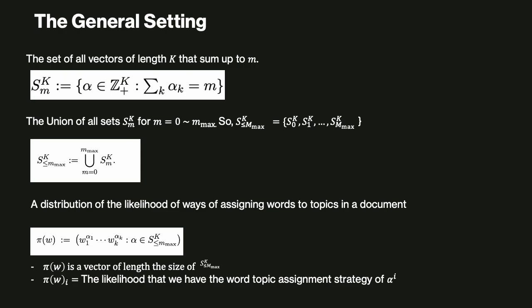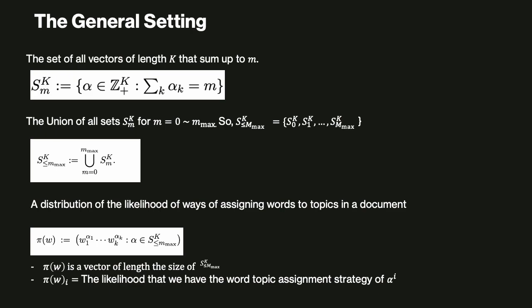Next we move on to the general setting where there is more than one topic for every document. First we consider the set of all vectors alpha of length k that sum up to m. Here alpha can represent one possible assignment of the number of words for every topic. For example, alpha i could represent the number of words assigned to topic i. Then we can take the union of all sets S depending on the size of the document.